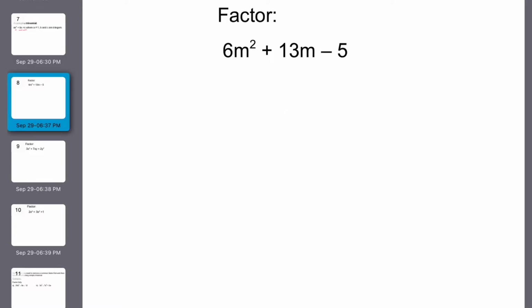Okay, so we're going to go ahead and factor this complex trinomial: 6m squared plus 13m minus 5. Here are the rules to factor this thing. First, we need two numbers that add to the middle coefficient. That's similar to simple trinomials. So we need to add to 13. And this time we're not multiplying to the -5 at the end.